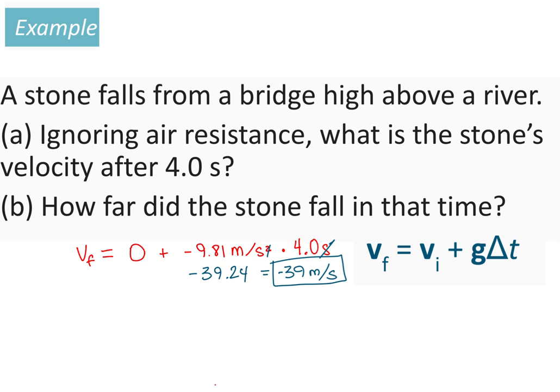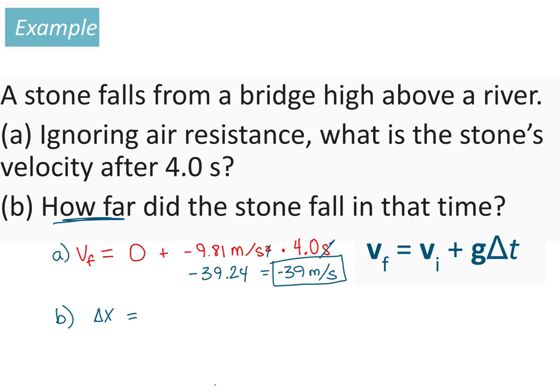All right? So A was asking for final velocity. How far, what does that want me to tell them? Distance, displacement, yes. So I'm going to use one of my displacement equations. So change in X. That's what we're trying to do here.